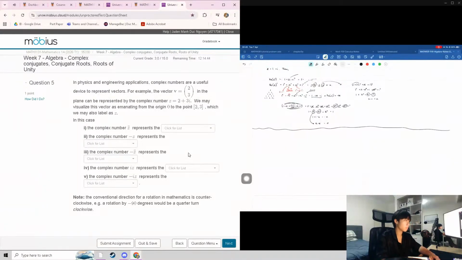We're going to be using Maple most of the time. So this is like practice. Complex numbers are a useful device to represent vectors. The vector (2, 3) is plainly represented by the complex number 2 plus 3i. We may visualize this vector as emanating from the origin to (2, 3).